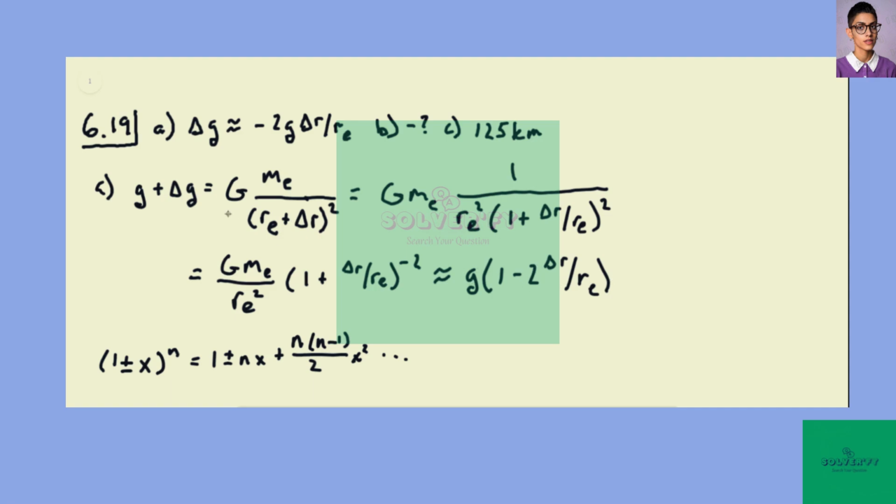So from this, we can see that this is g plus delta g, and so if we subtract g off from both sides, we're just left with delta g equals negative 2g times delta r over re, which is what we wanted.